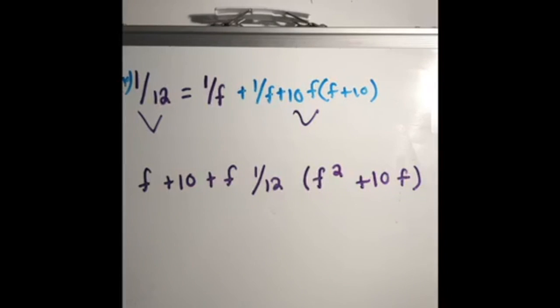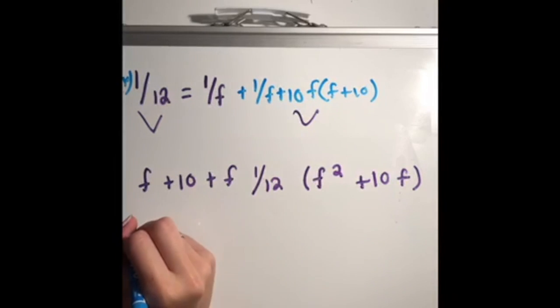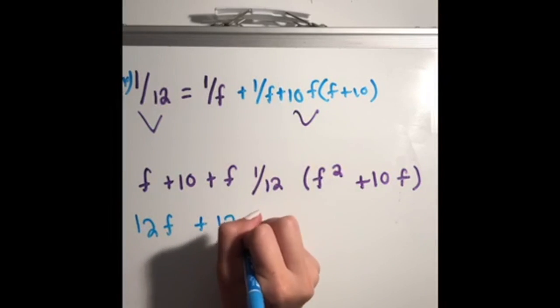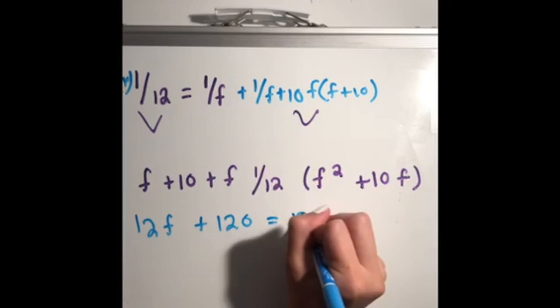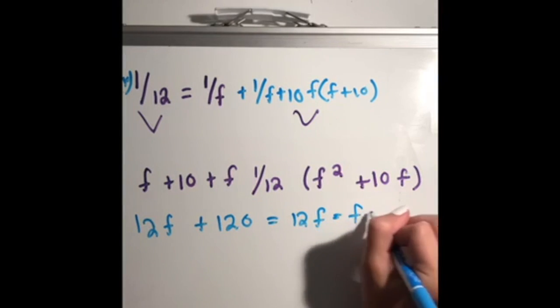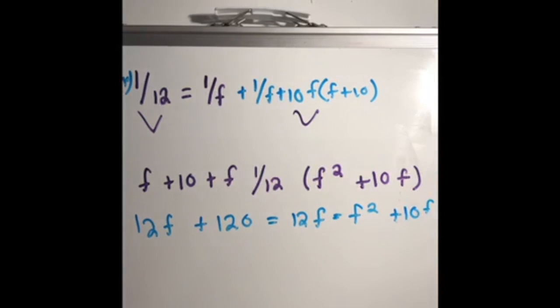So now we'll change it up, and it'll be 12f plus 120 equals 12f, which equals f squared plus 10f.